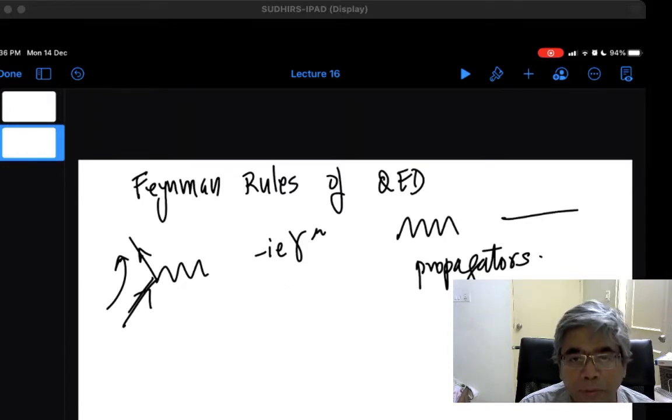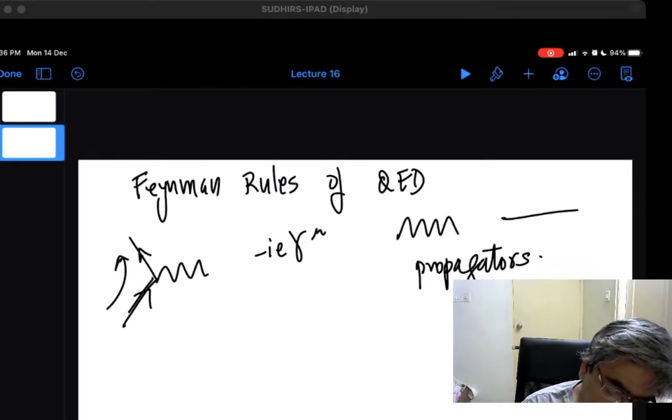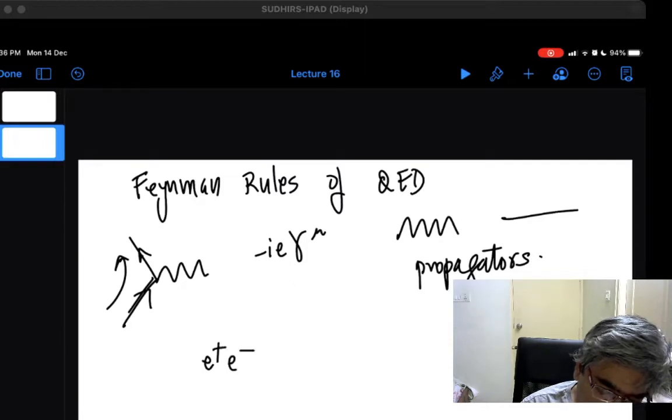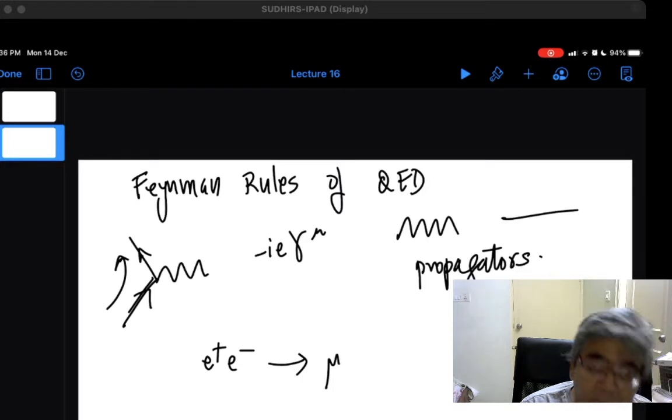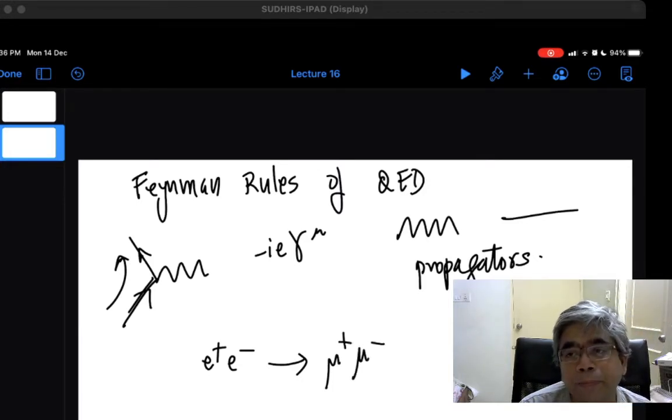The point is, let's take a process like e+ e- going to μ+ μ-, or any of these processes. This is one example we have seen. It is advantageous because it has only one diagram, which makes life easier for us.